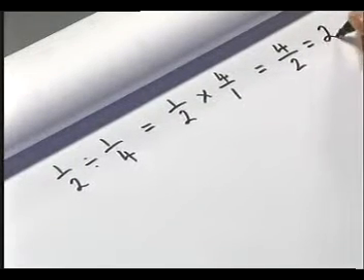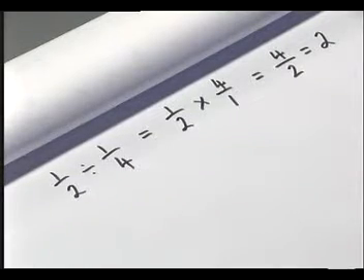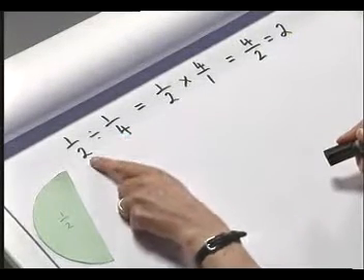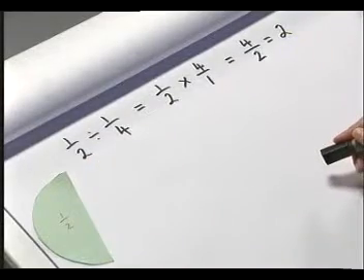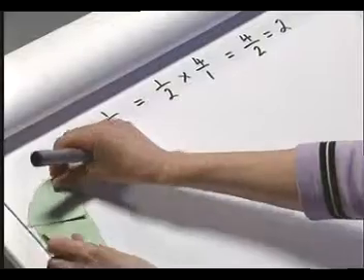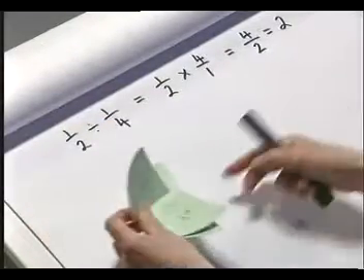So we end up with 2. So a half divided by a quarter. Well, let's just look at that. That's a half, and that's saying how many times does a quarter fit into a half? Well, we know that our quarter fits into our half 2 times. And that's the answer we had.